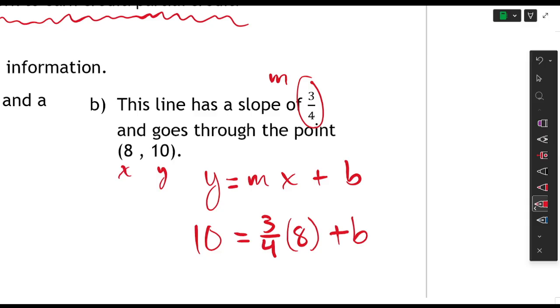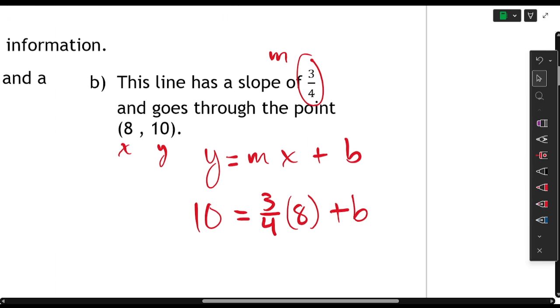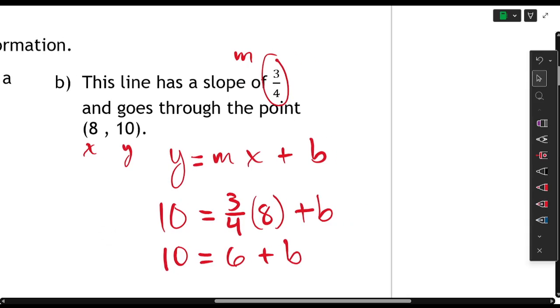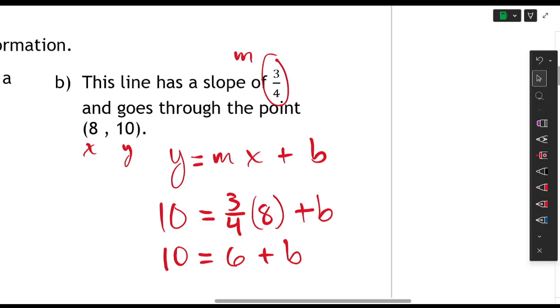If I look at this, 8 is 8 over 1. I see that 8 divided by 4 is 2, times 3 is 6. So this is 10 equals 6 plus b. But maybe for some reason you don't understand fractions that way. That's a problem, but I encourage you not to feel weird about it.